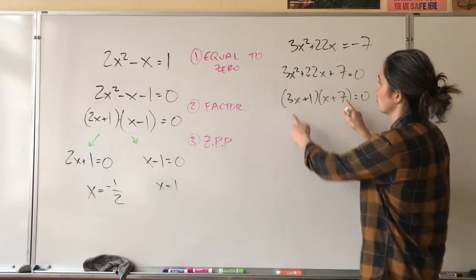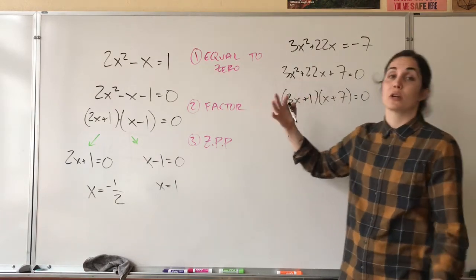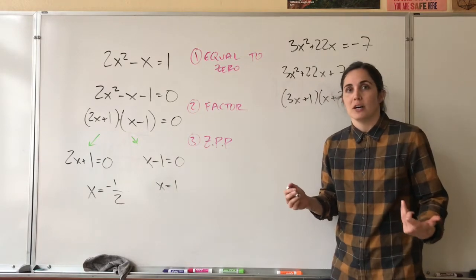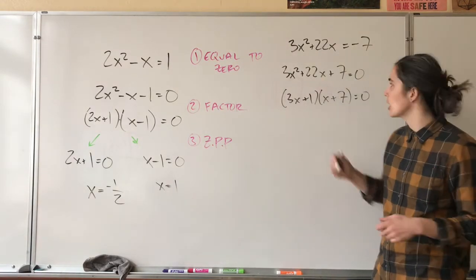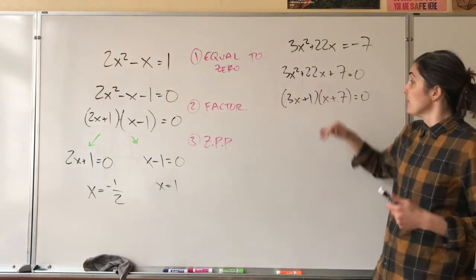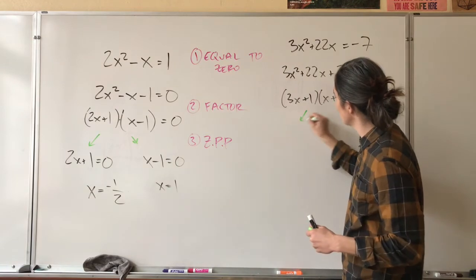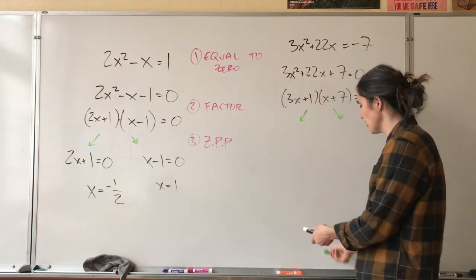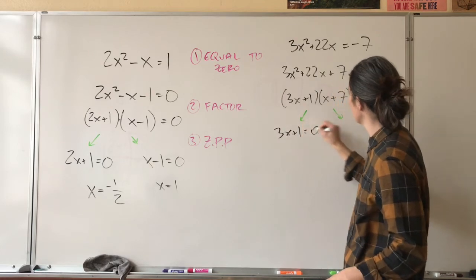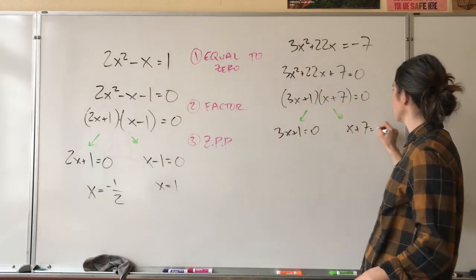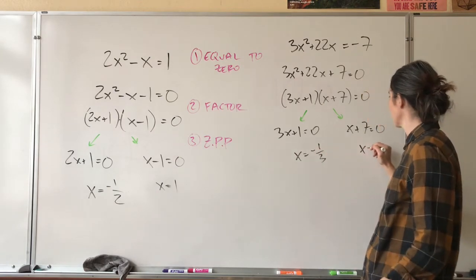And so when I add 21 plus 1x, I get this out. You could also confirm that with the area model. Of course, I've done a lot of factoring in my life, so I might be a little bit quicker than you. And from there, I get to use my zero product property. Set my two things both equal to 0 to get 3x plus 1 equals 0, x plus 7 equals 0, and here are my solutions.